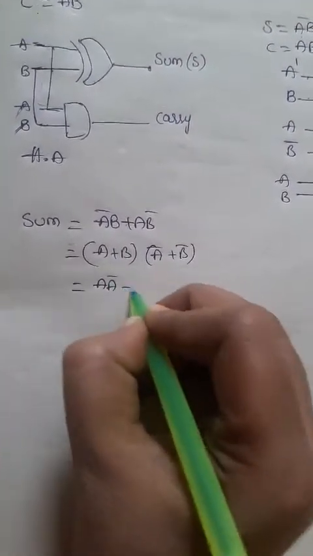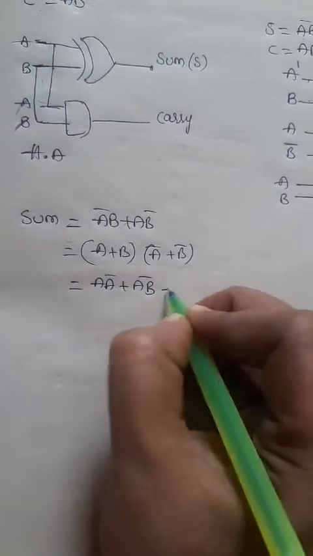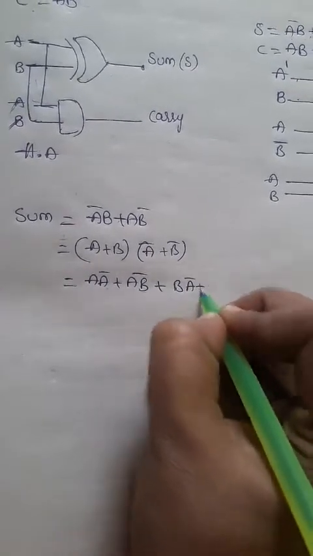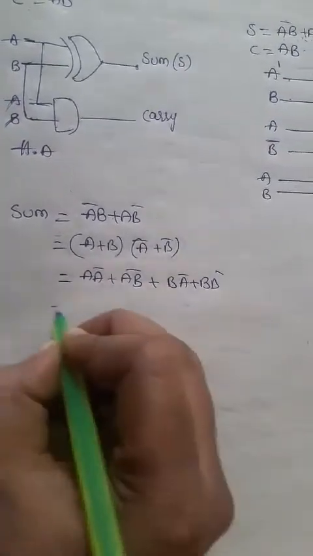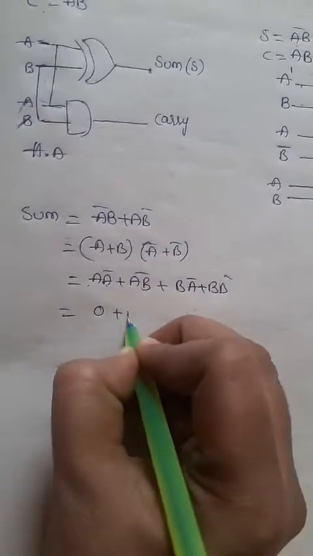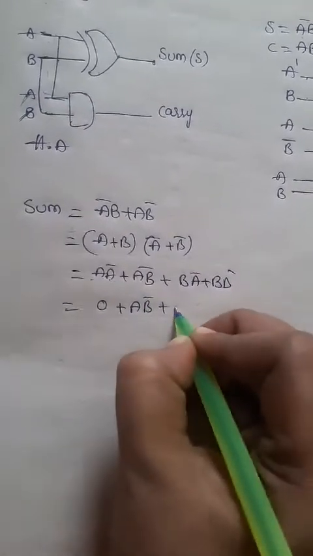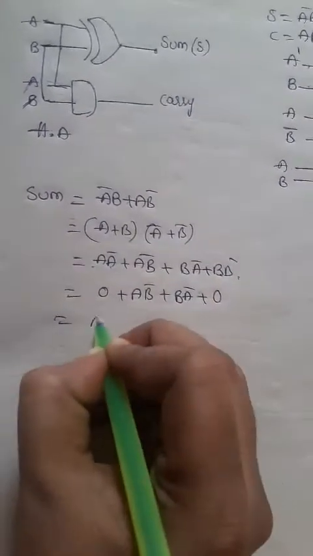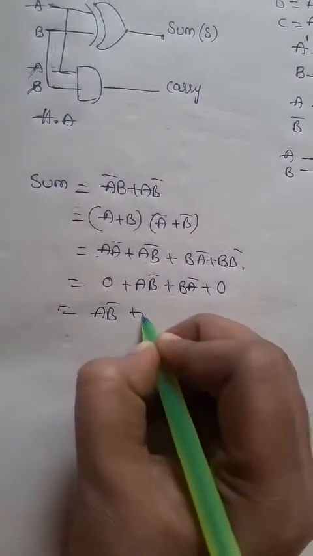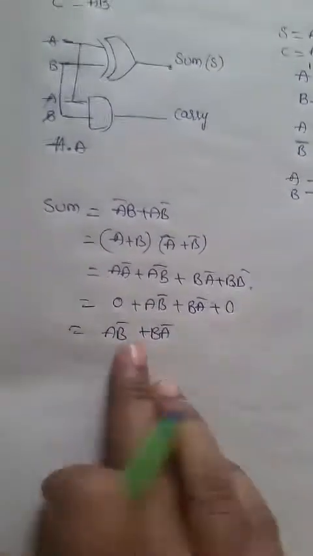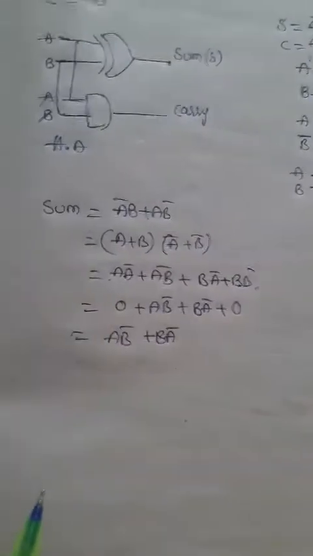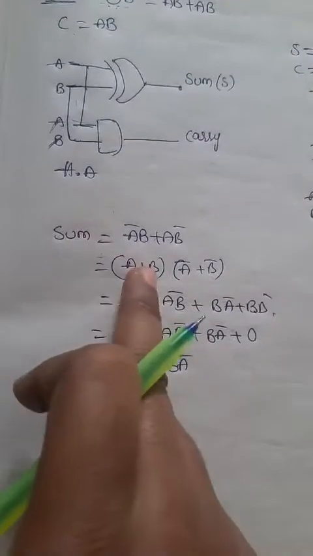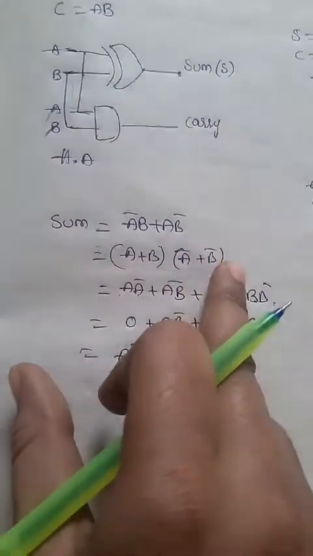A into A complement plus A into B complement plus B into A complement plus B into B complement. A into A complement is 0, right? Then I will have A B complement plus B A complement plus B into B complement, which is 0. So again we get A B bar plus B A bar, the same expression, right? That's why I can rewrite sum as (A plus B) into (A complement plus B complement).